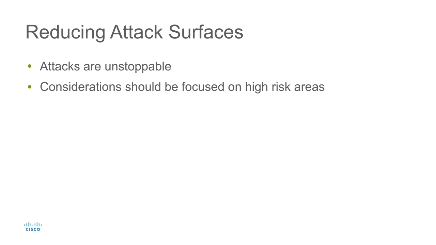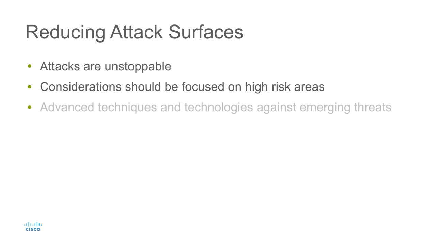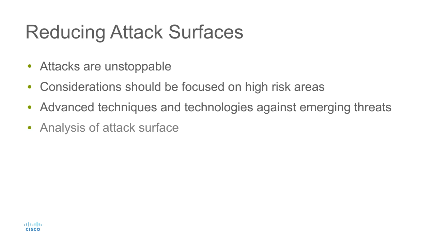So the proper security considerations should be focused on our high-risk areas and using proven techniques to protect from attacks, and also using advanced technologies, perhaps like the Cisco ASA with advanced malware protection, to prevent against emerging threats, the threats that we haven't seen yet. Analyzing our attack surface is going to help us to know what areas can be fixed right now. We can assess the risk and determine the level of risk if it's a high-value target, and then we can go ahead and patch from there.